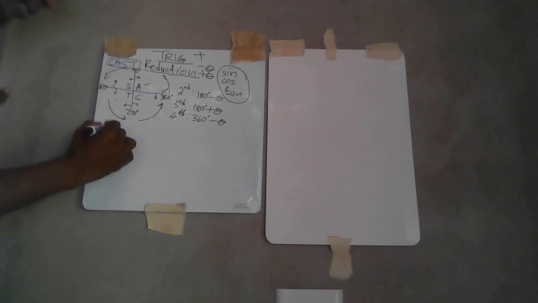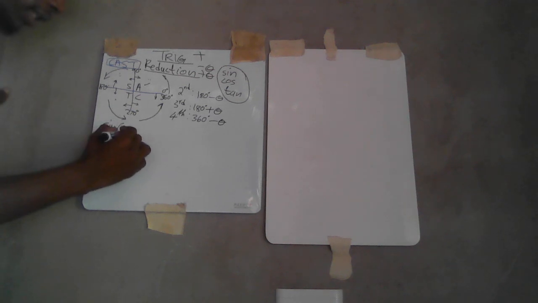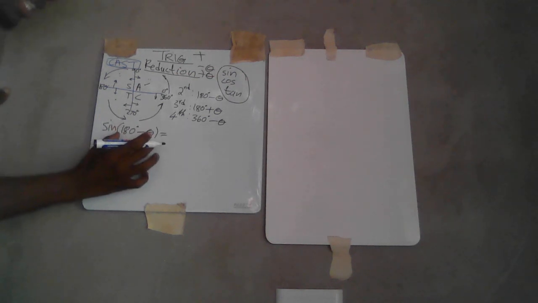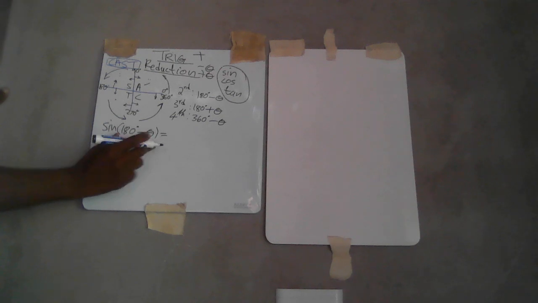Let's say we are having sine of 180 minus theta. This 180 minus theta is the second quadrant. So we'll check: is sine positive or negative in the second quadrant?